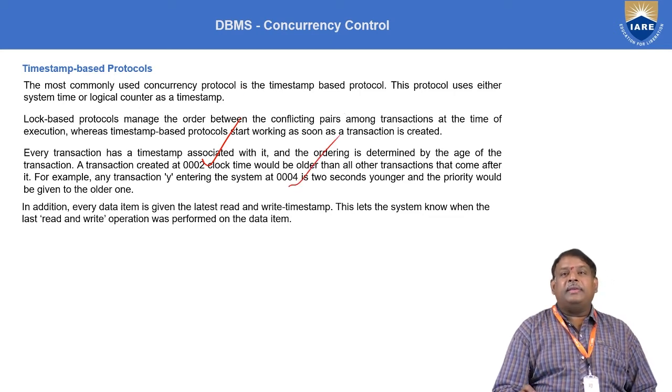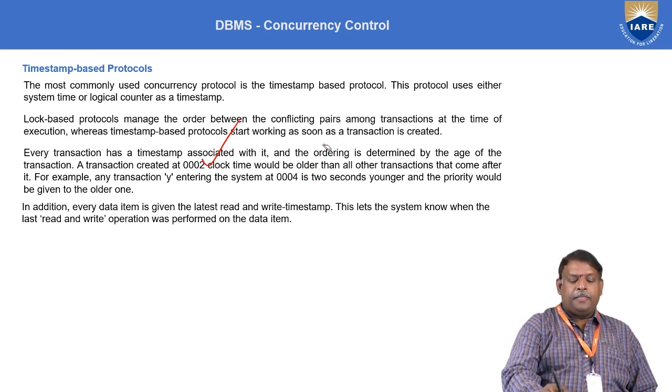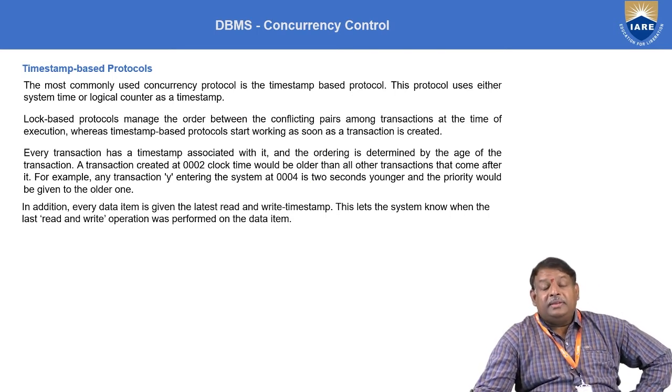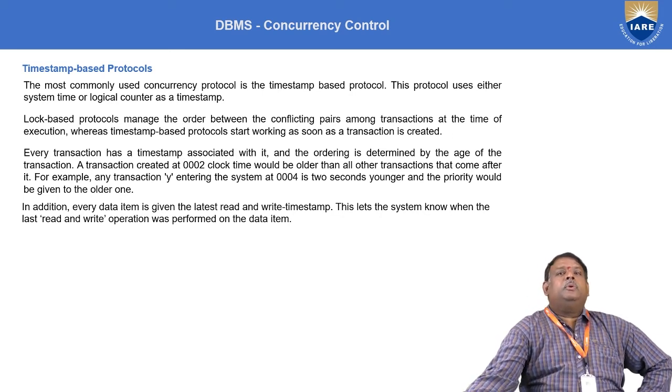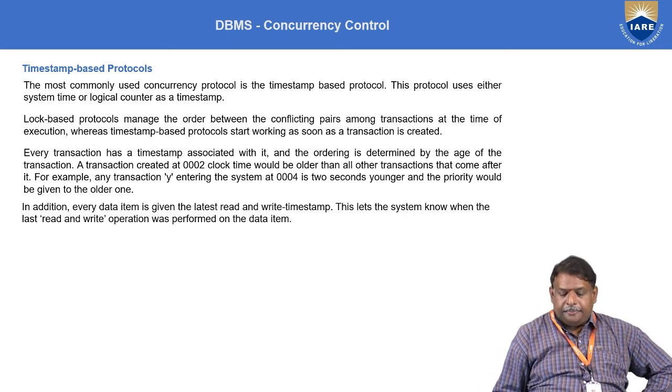Your 2 o'clock one has a higher priority as it is older than the 4 o'clock one, which is younger. In addition, every data item is given the latest read and write timestamp. This lets the system know when the last read and write operation was performed on the data item.